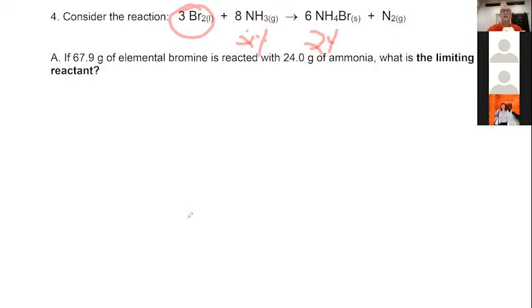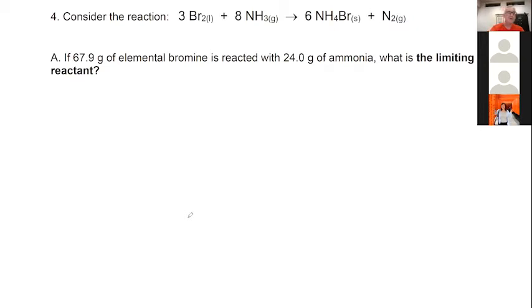And nitrogen, I've got 8 nitrogens there, and 6 times 1 is 6 plus 2. So that's a balanced reaction, and we don't have to worry about that.